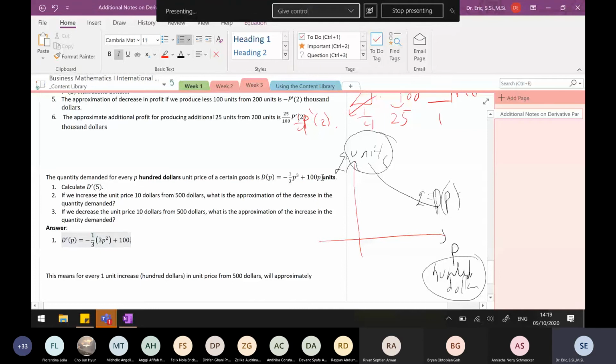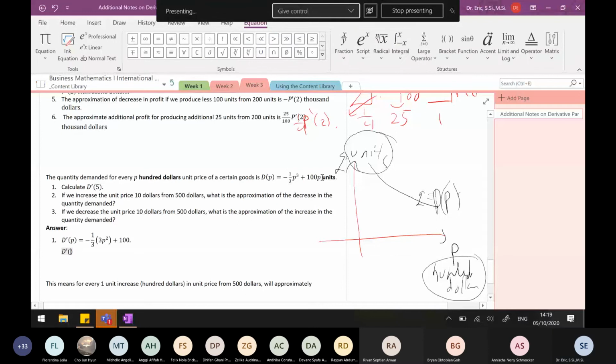So this one. What about D prime 5? Okay, I can simplify this first. Maybe it helps. Minus 1/3 times 3 is 1, so minus P squared plus 100.